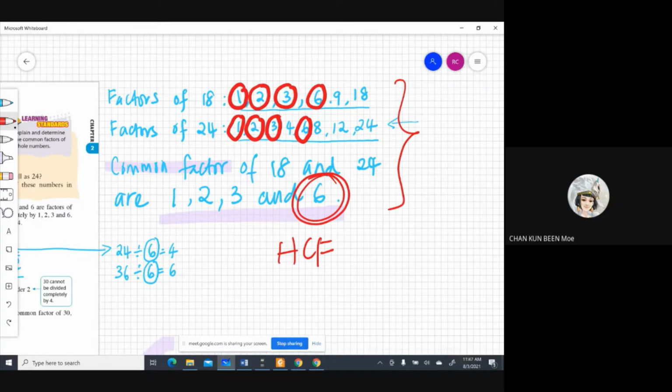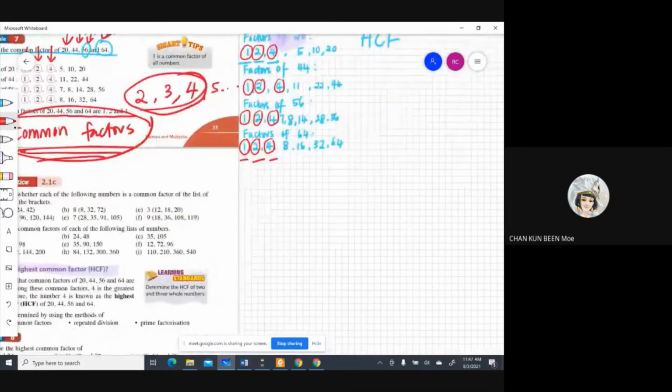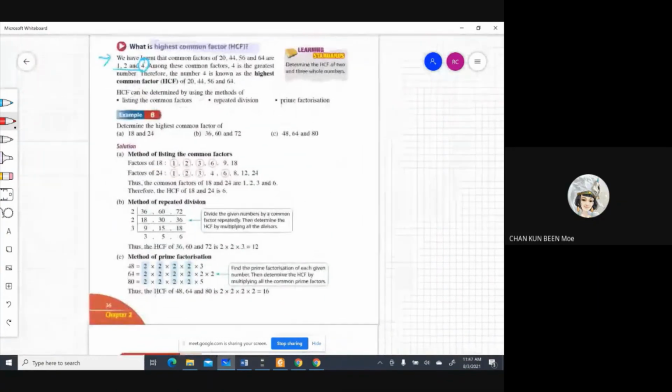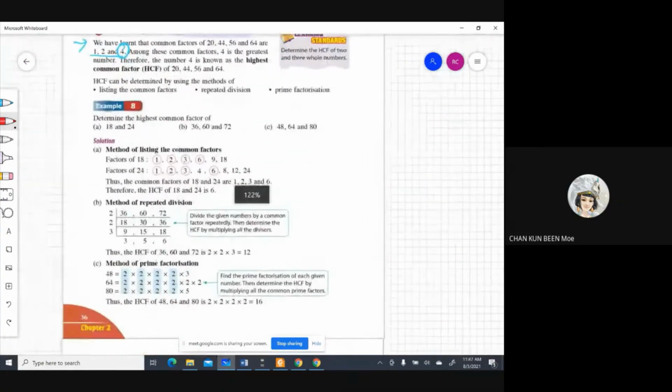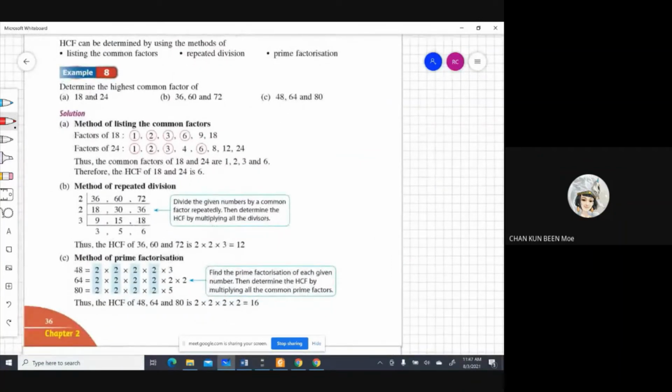Now we move forward on how to find the highest common factor easily. There are a few methods, and we are going to learn all of them. Look at example 8. Determine the highest common factor of 18 and 24. You can see the solution down there. There are 3 methods.